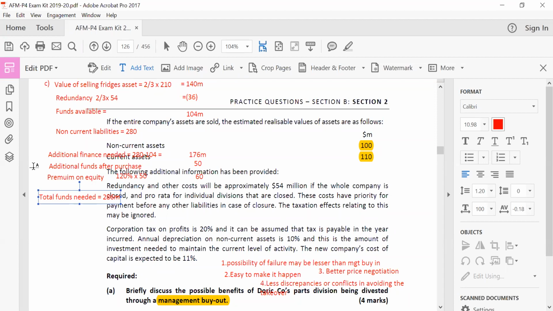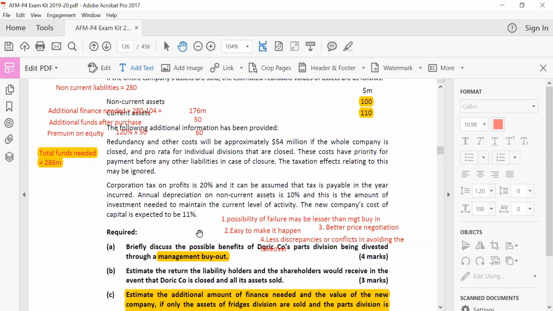So after getting the 104, which was not enough, they need to go and search for 286 before they can really settle and say that they bought the company and they can actually start operation. So they will need 286 entirely. That's the additional funds needed. That is one half of the question.